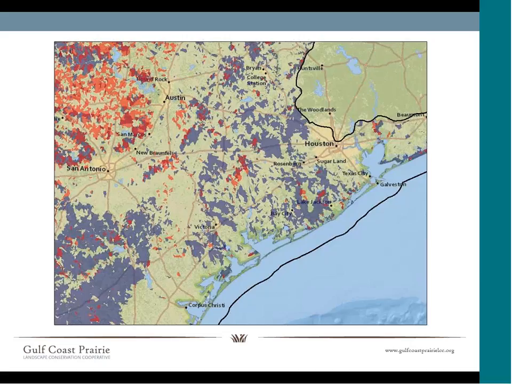Zooming into the Texas Midcoast, so from west to east, from San Antonio to Beaumont, and really looking at where this blueprint shapes up, where this scenario shapes up.